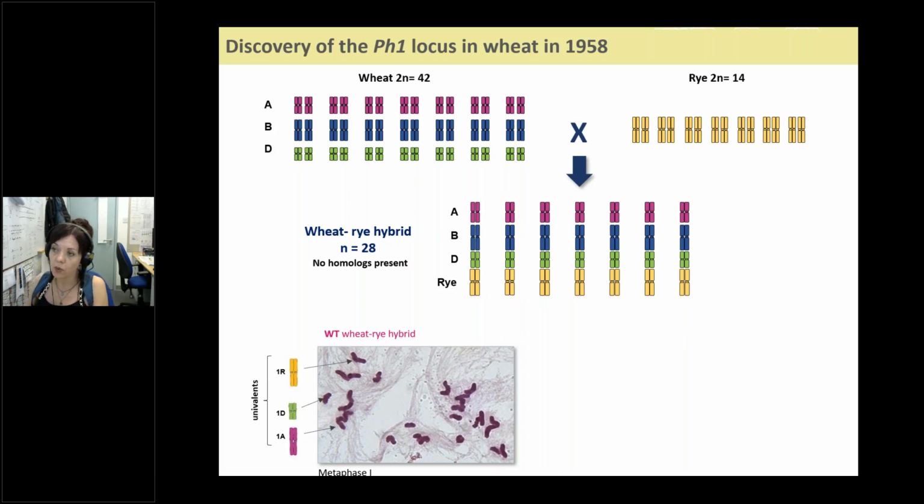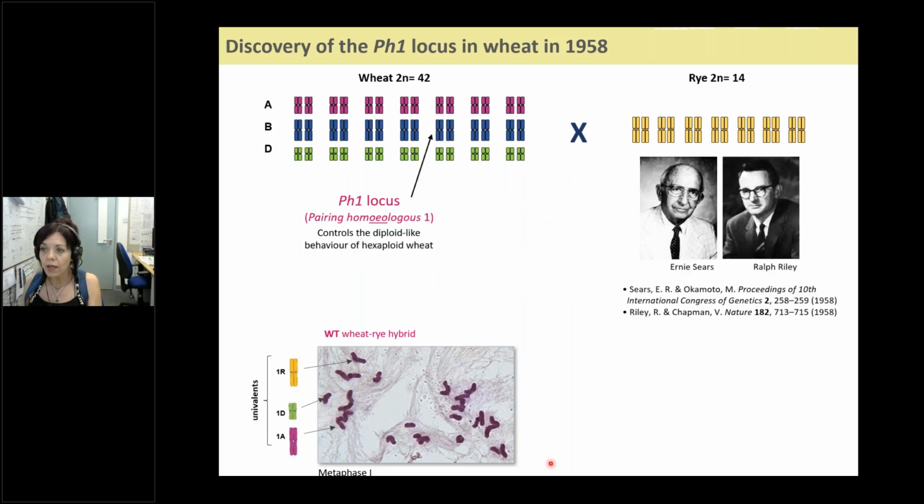The different genomes cannot recombine and all appear as individual chromosomes, which are called univalents. And it was in 1958 when Ernest Sears and Ralph Riley proposed that this is controlled by a dominant locus located on the long arm of chromosome 5B. And this locus was later named Ph1 for pairing homoeologous 1.